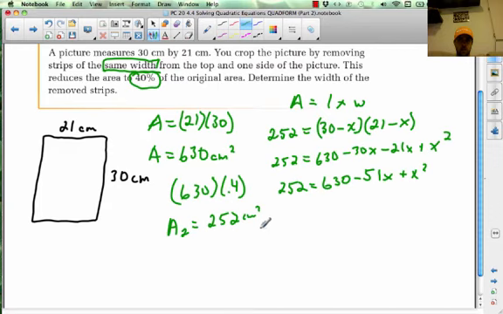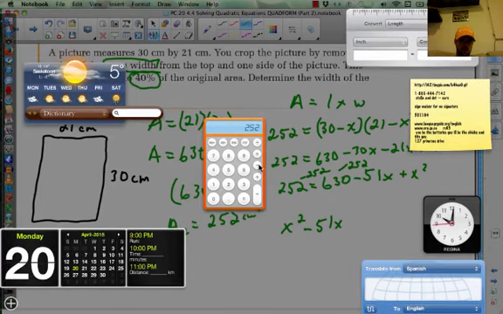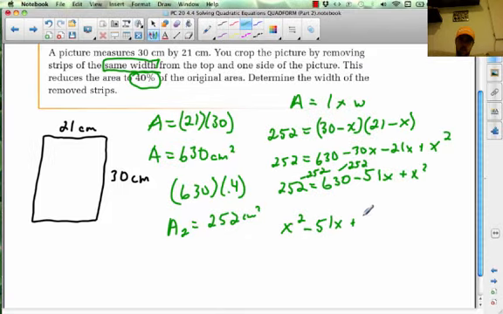And then I'm going to move everything to one side, and I'm going to just flip these so I have my x squared term first. x squared minus 51x. Then I would go plus 630, but then we're going to subtract 252 from each side. So 630 minus 252 will leave us with 378.